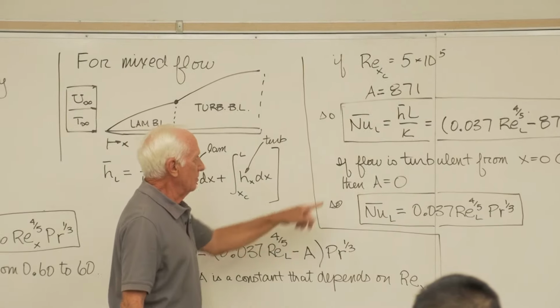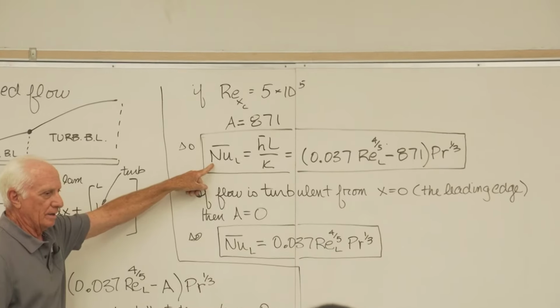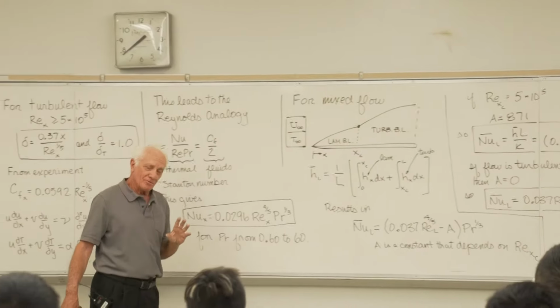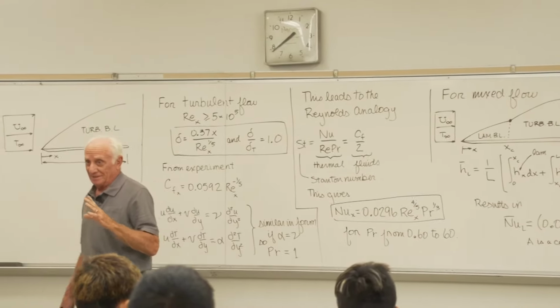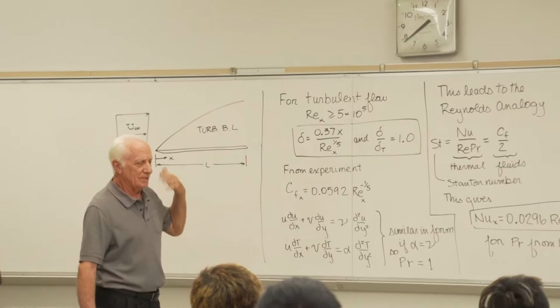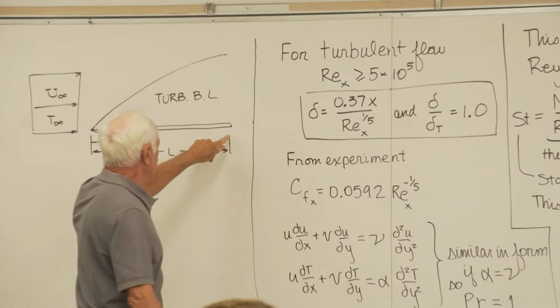If it's mixed flow, H bar. The first thing you do in a problem, of course, is you find the Reynolds number at the end of the plate. Or you can find X sub C, but let's just say you find the Reynolds number at the end of the plate.